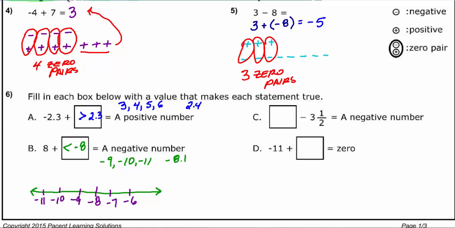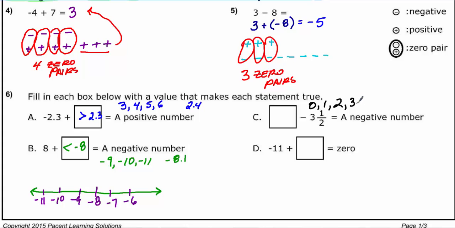So if you started with 2, for example, and you took away 3.5, you're taking away more than what you have. You would have negative 1 1/2. If you had 3 and took away 3.5, you'd have negative 1/2 because you took away everything you had, all 3, plus another half.